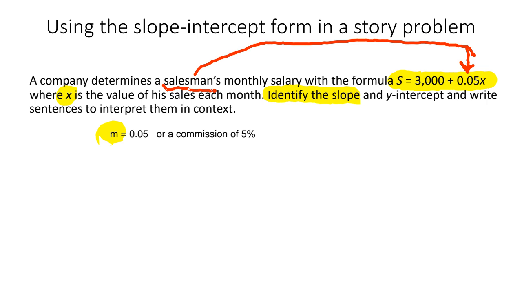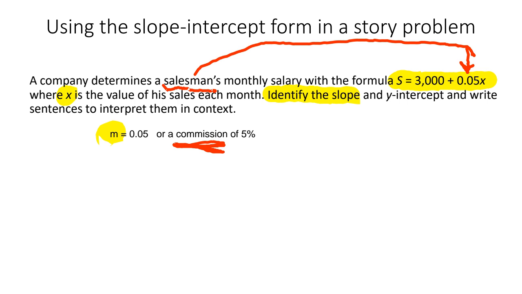Because if x is his sales, then therefore he's earning 5%. Okay. And your y-intercept is going to be, now be careful, the y-intercept is 0, 3,000.